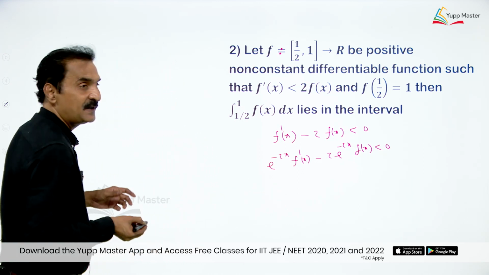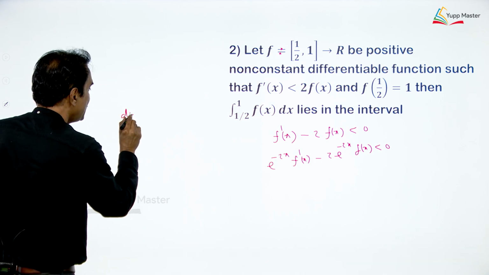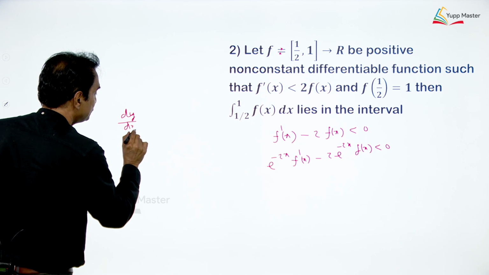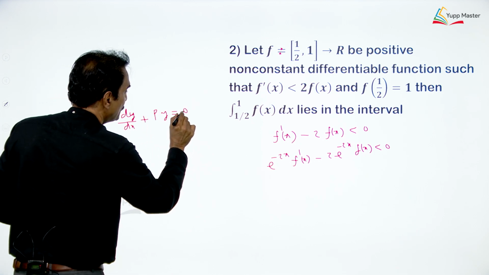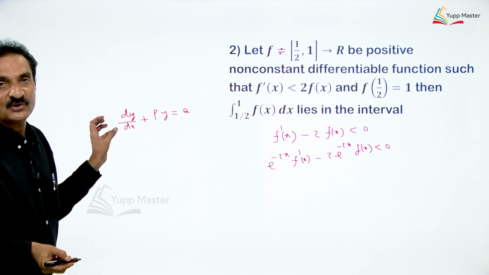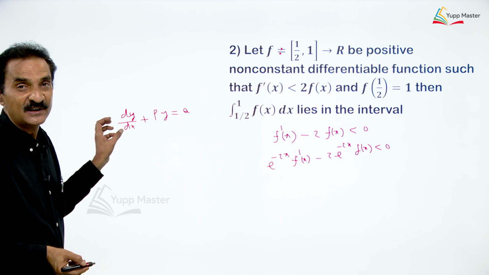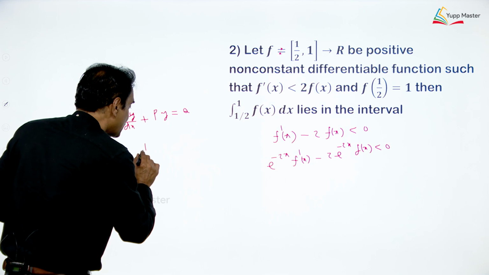You have studied in differential equations that dy by dx plus py is equal to q is a linear differential equation. And how to solve this linear differential equation? We have to multiply by integrating factor on both sides. What is the integrating factor?